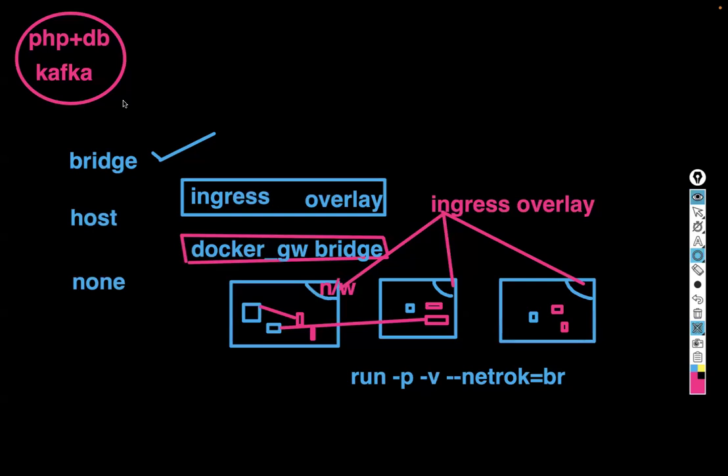So the best practice is that whichever services you want to communicate, like PHP and DB, should be in one network, and Kafka should be in another overlay network. You can create your own networks, multiple overlay networks. Whichever services you want to communicate, put them in the same network. Whichever you don't want to communicate, put them in a separate network. Am I making sense?